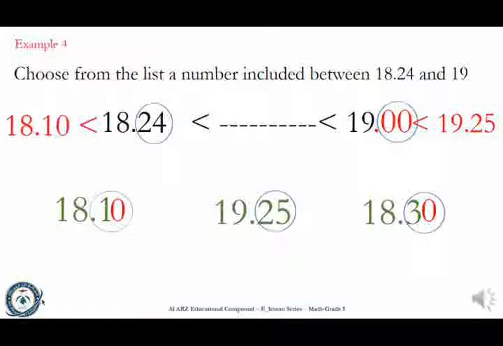For the third number, we should use the 0, 18.30. The whole part is 18, so we should compare the decimal part, 30, with the decimal part in 18.24. 30 is greater than 24, so the number is included between 18.24 and 19.